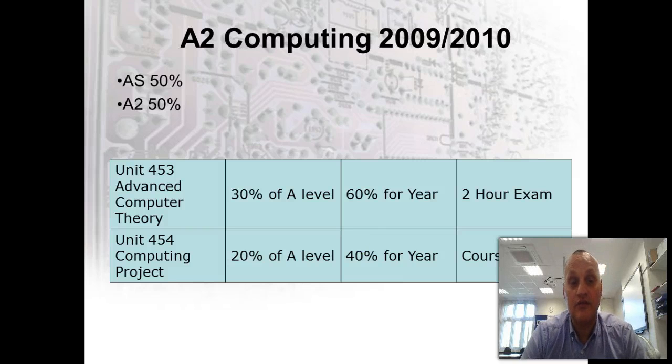Next year, the course comprises two units, F453 and F454. F453, as you can see, is worth 30% of the entire course, and F454 is 20% of the course.